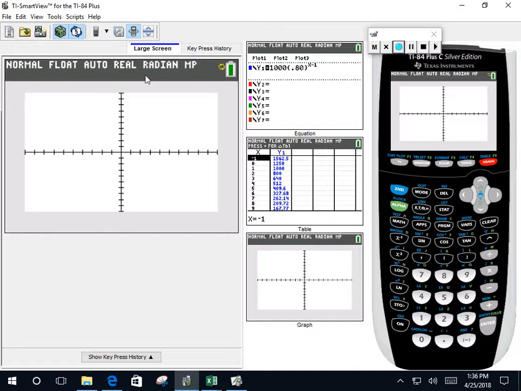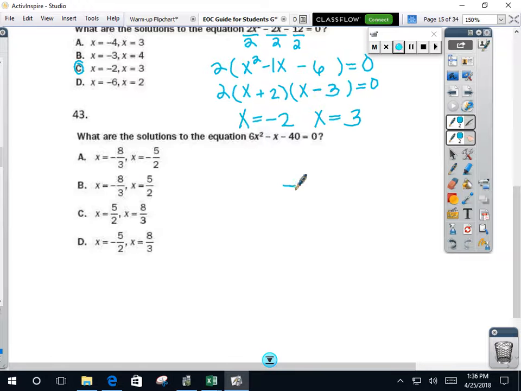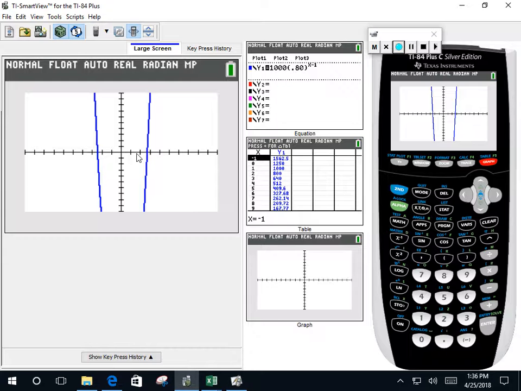When we graph it, we see a parabola because it's a quadratic equation, and it crosses at -1, -2. What do you think? -2.4? Okay. And then the other one crosses at +1, +2 point.